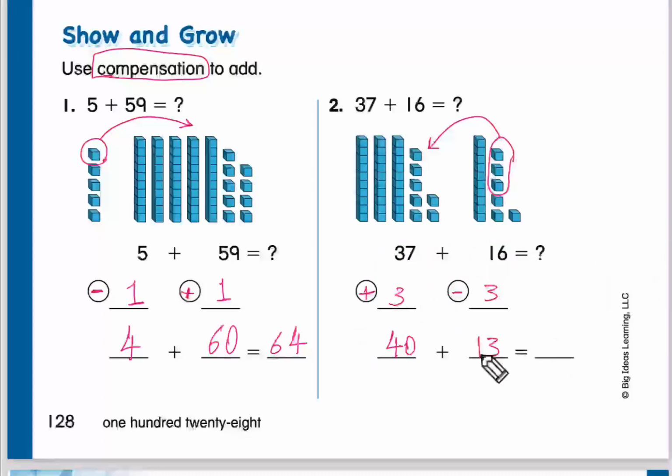Now, we need to add 40 plus 13. Okay, 4 plus 1 is 5, and 3, and 0, 3 also. So 53. The answer is 53. The sum is 53. Okay, thank you, Malik.